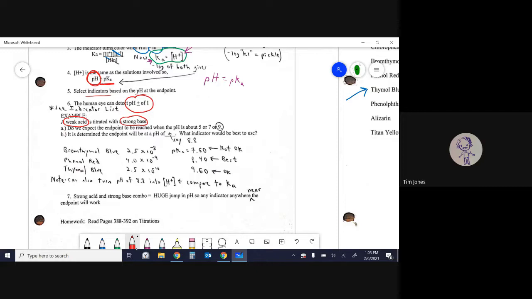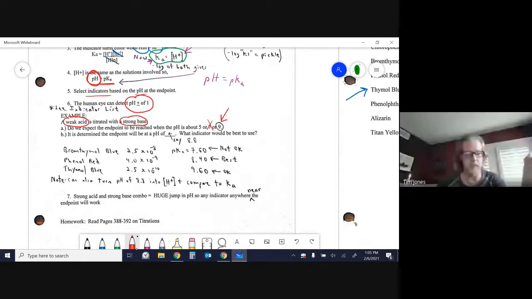That means our endpoint is not going to be at 7. It's going to be slightly basic. So of the options I gave here, 5 or 7 or 9, the best choice is 9. It is determined that the endpoint will be, and I just made this up for this example, 8.8. I just came up with that so we would have something to work with.